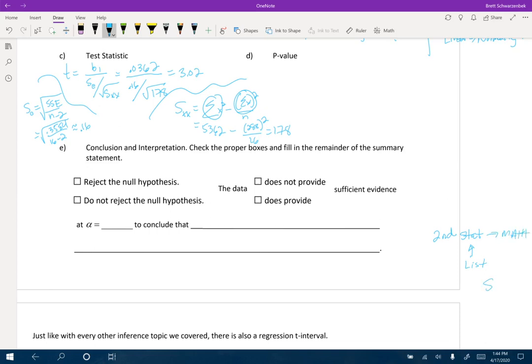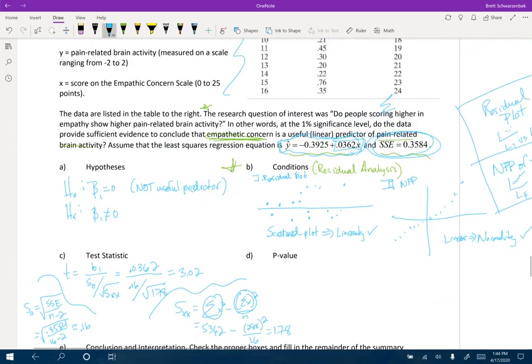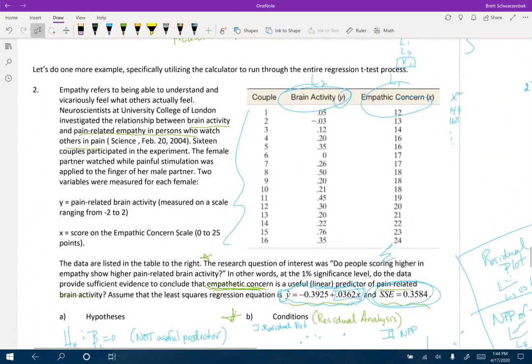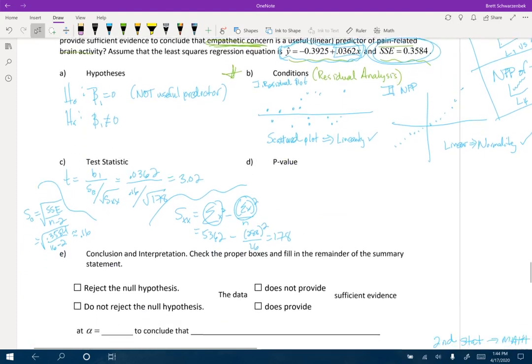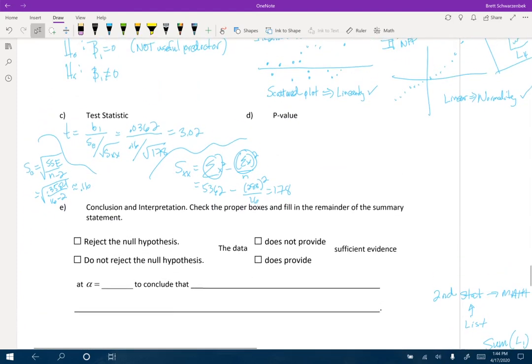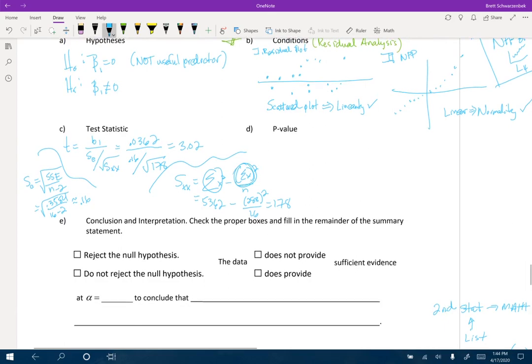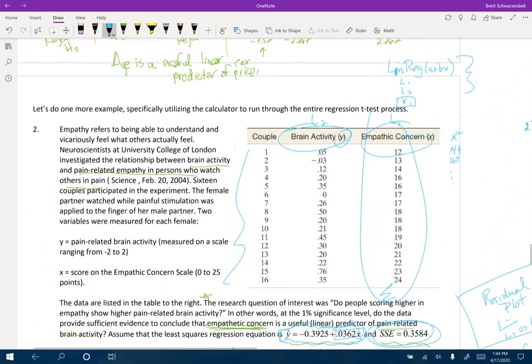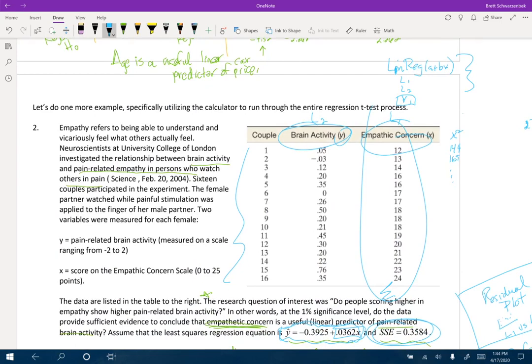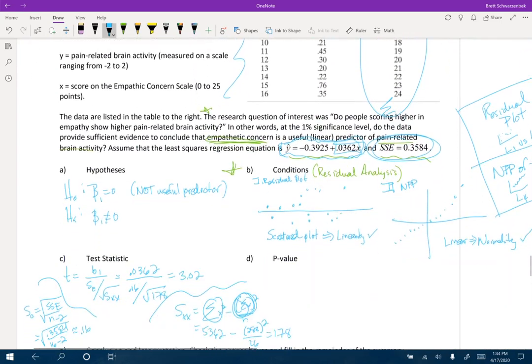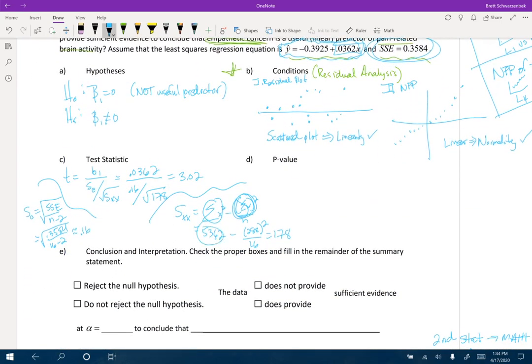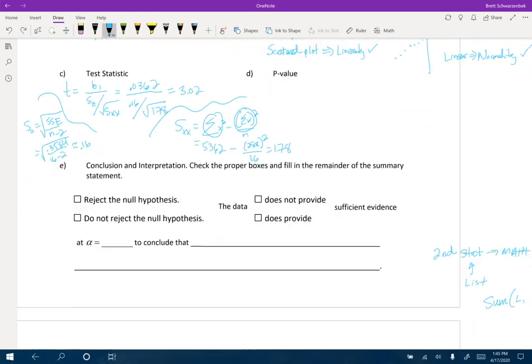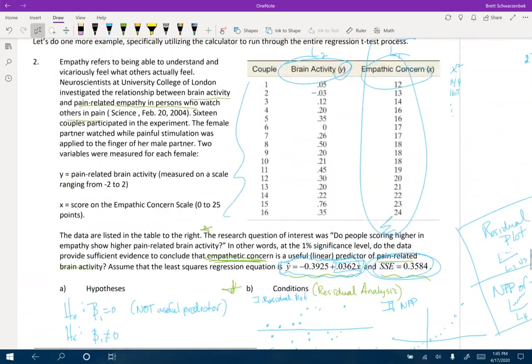If you do sum of, let's say for this it would be L1, you will quickly get the sum of x right here. Then you can do sum of, let's say your x squared column was L3, and you'd quickly get that number there. Just to be clear, there are other ways to go about doing this. It can be a little crazy, but if you are calculating this from scratch, you can make this pretty quick by using some of the commands in the calculator.